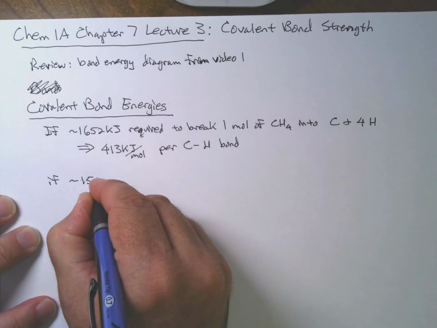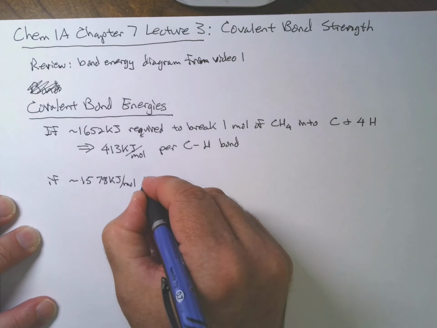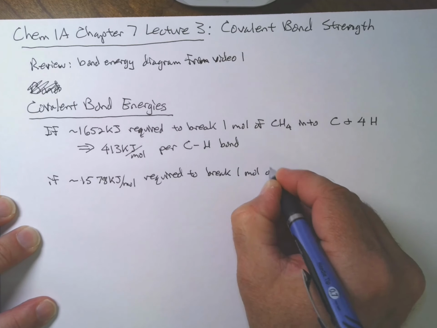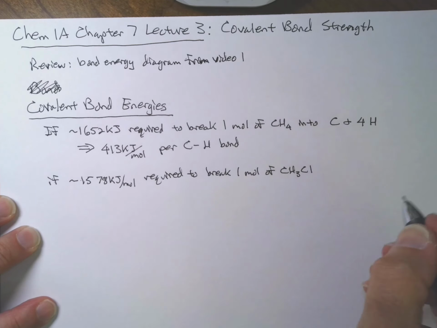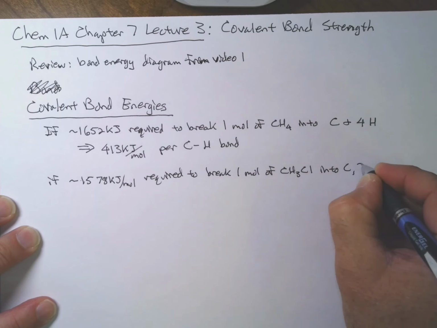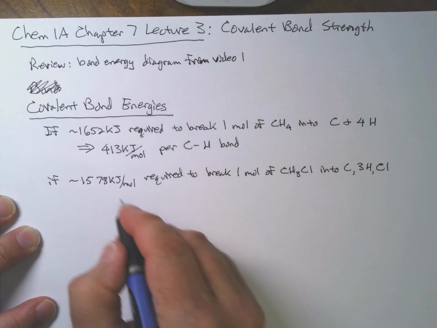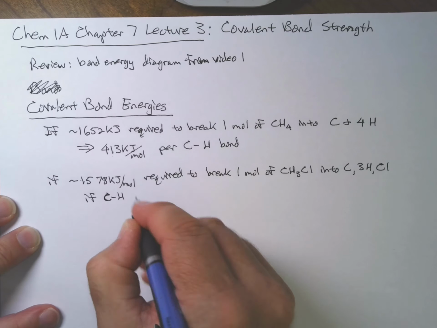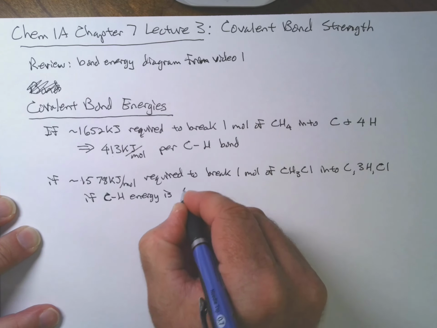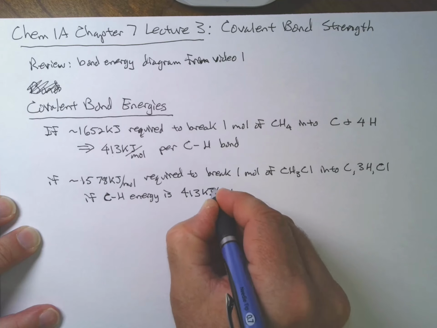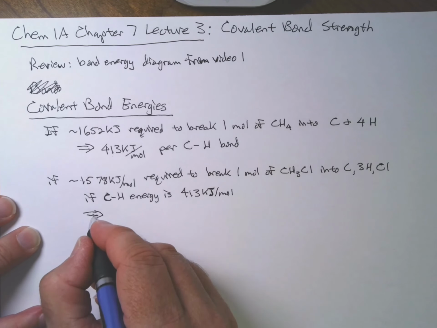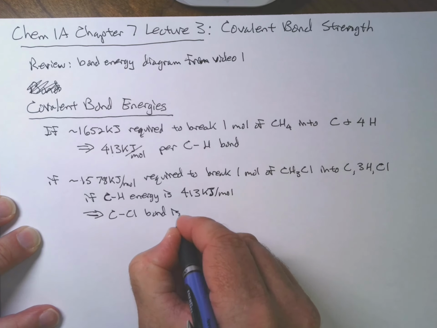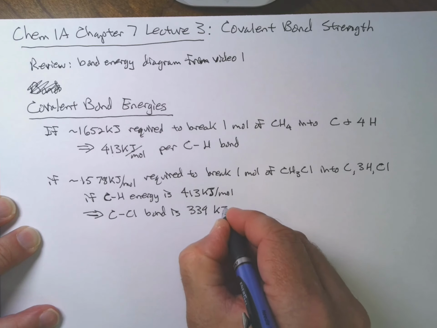So if 1578 kilojoules per mole are required to break 1 mole of CH3Cl into carbon, 3 hydrogens, and chlorine, and we know that if the CH bond energy is 413 kilojoules per mole, then we can calculate that the CCl bond energy is going to be 339 kilojoules per mole.